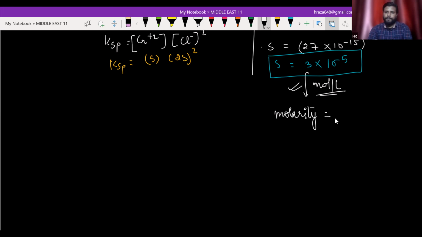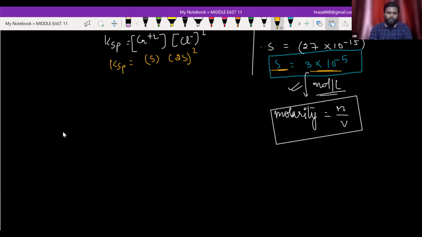Molarity has the formula: number of moles of solute upon volume of solution in liters. Now we are going to find the volume with the help of molarity. So molarity 3 into 10 raised to the power minus 5 will be equal to number of moles upon volume.